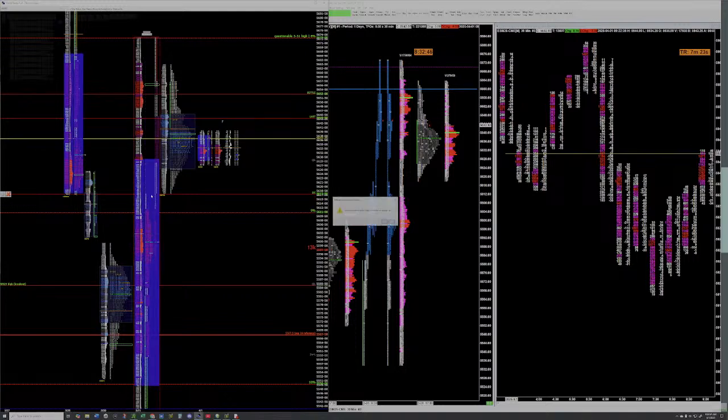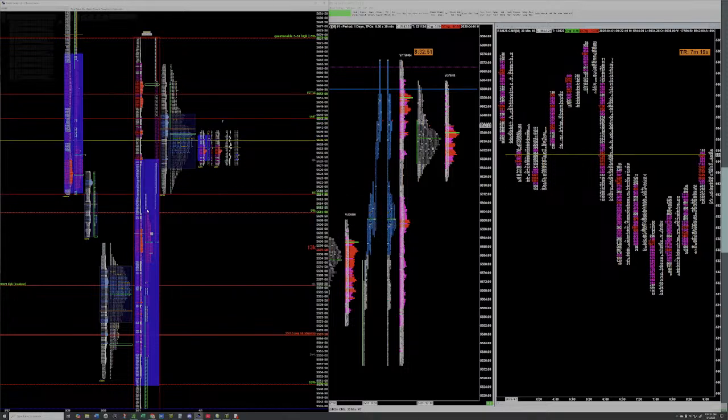I can do this as one day here, and this one as another day. This is one day, this is another day. This is the high of the first day, and this is also the low, and this is the low of the second day.